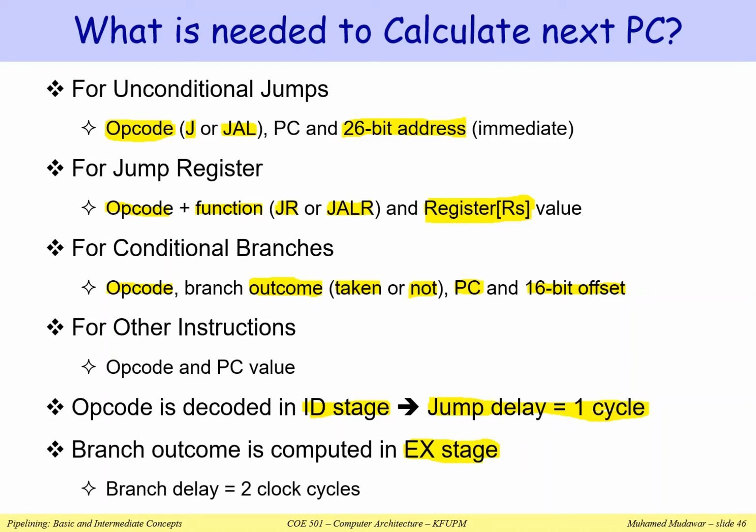So by the time we have executed the branch and updated the program counter, we have already wasted 2 clock cycles, and we already have 2 instructions in the pipeline. This is explained clearly in the next slide.